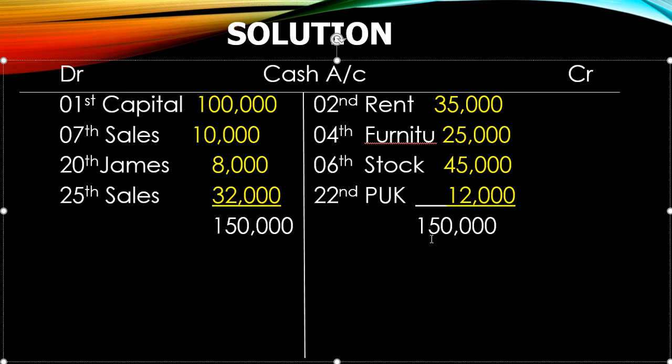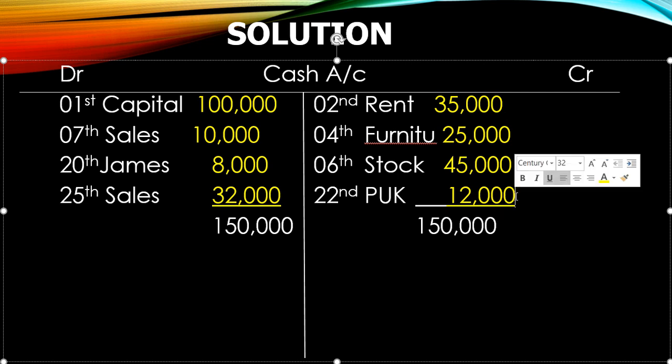If you get 150 minus 127, let me use the calculator here. 150 minus 127, you get 23,000.